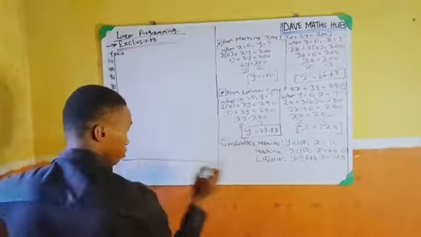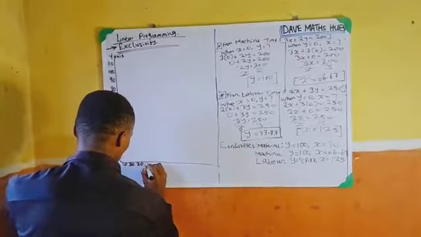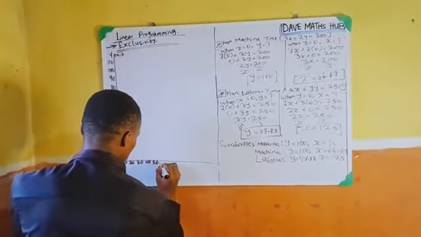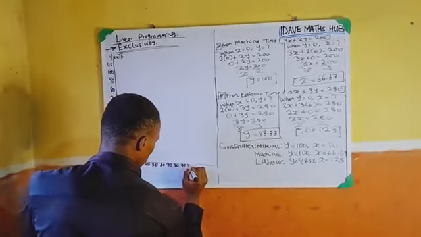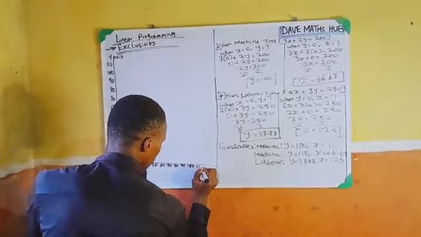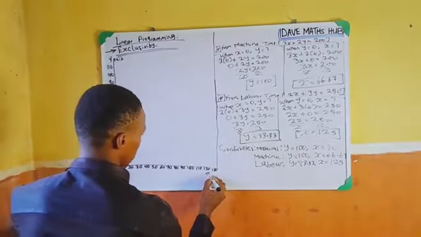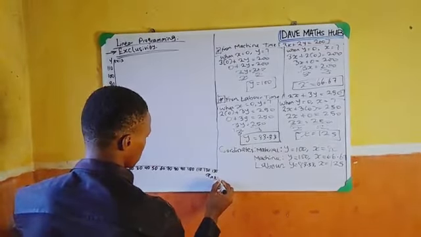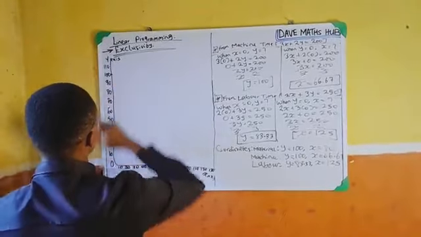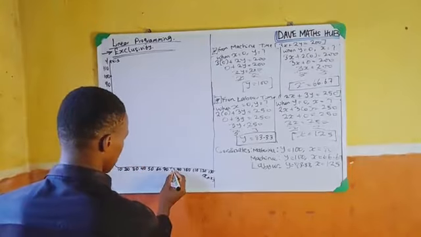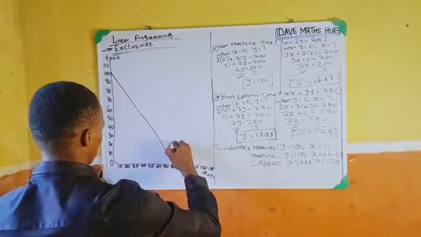So for x, this will be 10, 20, 30, up to 130. For the first one, when y is 100 at this point, x is 80 at this point. So they will come to each other.